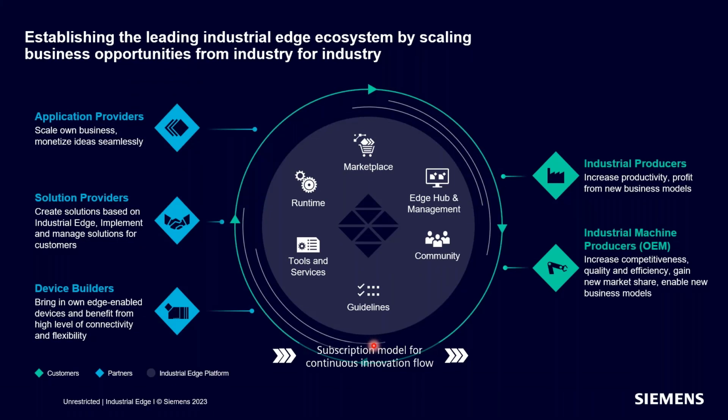As shown in the example, we also built an ecosystem around the Industrial Edge platform. So we see here 3 provider roles, which bring value for our customers into our ecosystem. We have the app providers, those who are focusing on developing and providing apps for different purposes. Solution providers, which are focusing on complete solutions for the customers and also setting up the infrastructure, maintaining it, etc. at the customer side. The device builders, who are using our device kit to integrate it on their devices.